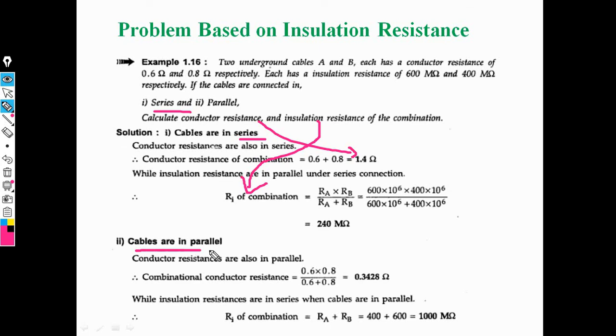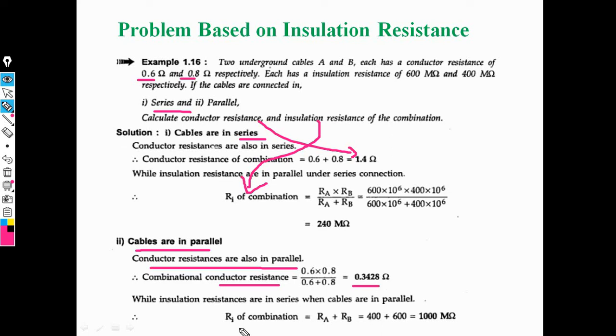Now the cables are connected in parallel. Then the conductor resistances are also connected in parallel, that is 0.6 times 0.8 upon 0.6 plus 0.8. The conductor resistance is 0.343 ohm.